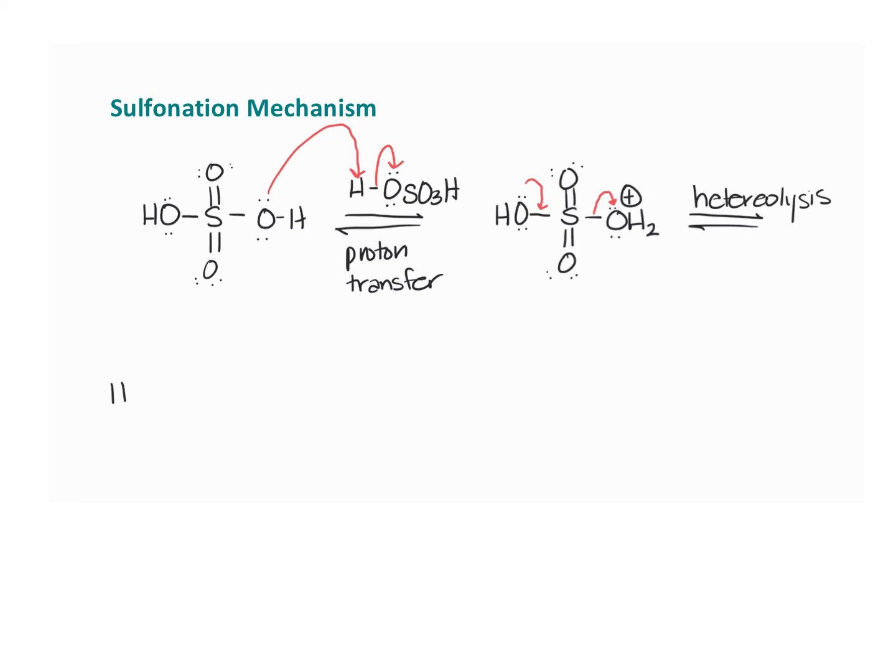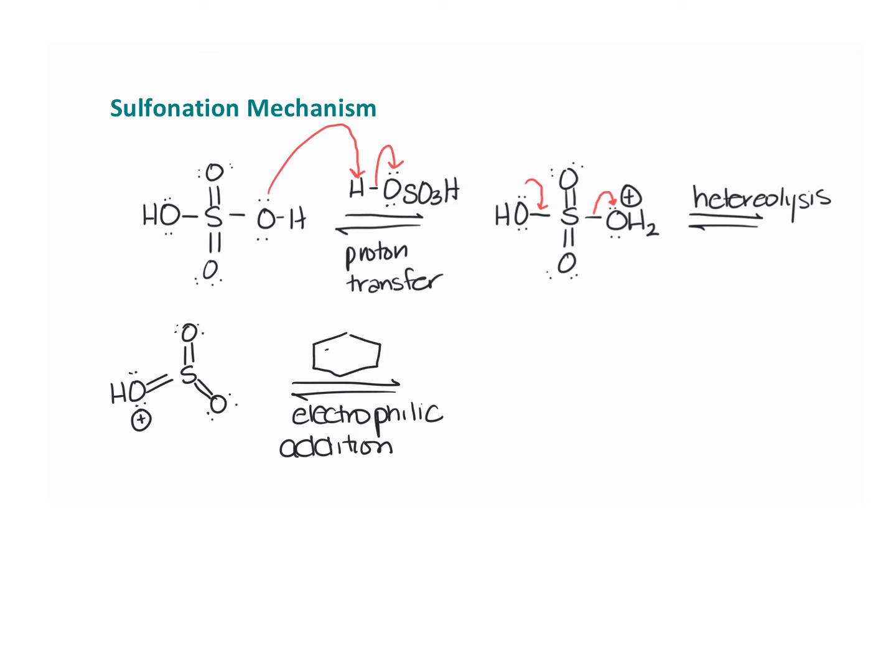Okay, and so then there we have our ion, and this is the part where it's going to go through electrophilic addition. And during this electrophilic addition process, right, these electrons are going to come out and they're going to attack that sulfur, right?